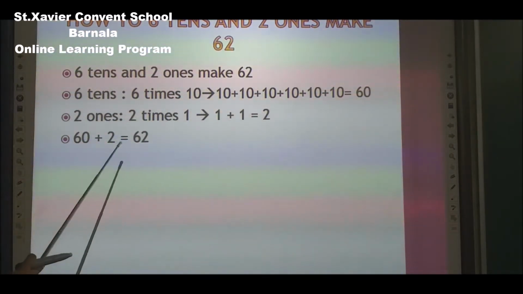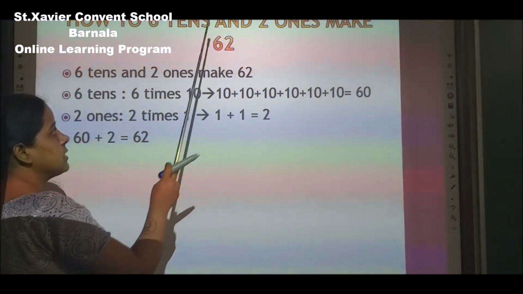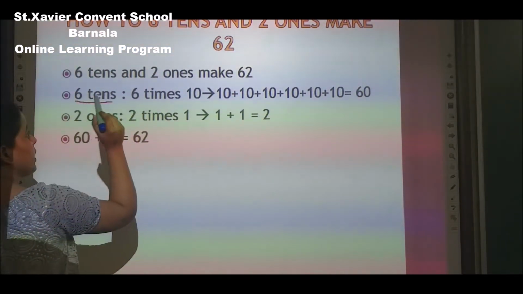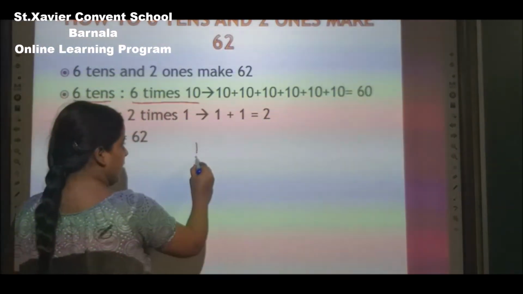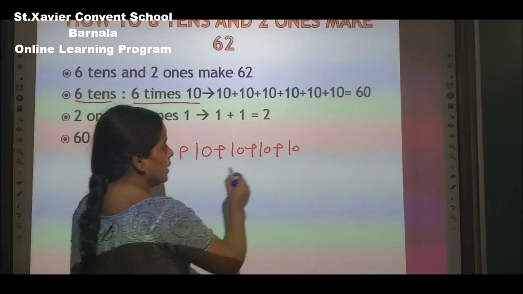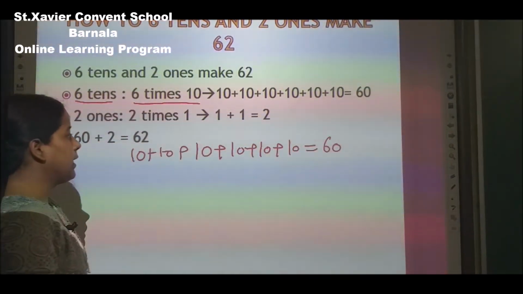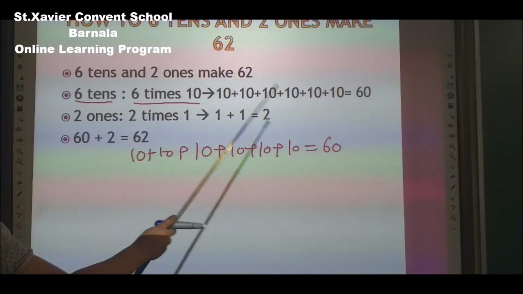The next example is how 6 tens and 2 ones make 62. As we know that 6 tens is 6 times 10. So, we add 10 six times and we get the answer 60.